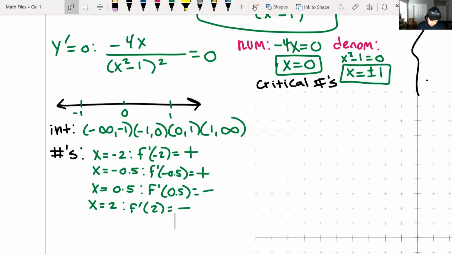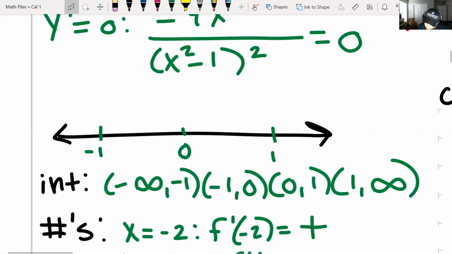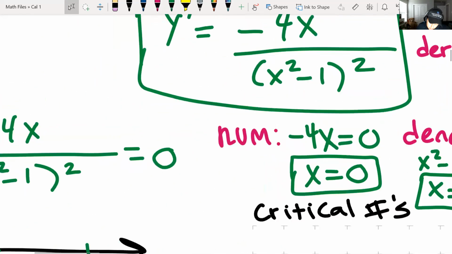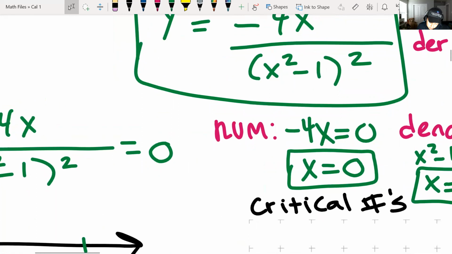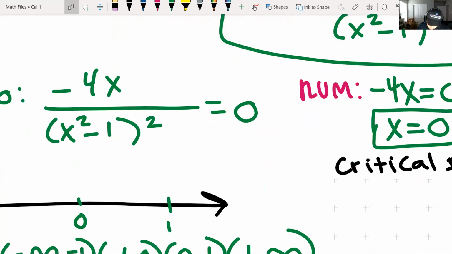Let's check it out. So plus, plus, minus, minus means, let me see, that was -4x over that. So that'd be negative over, yep, so be positive over positive and then negative, yep.